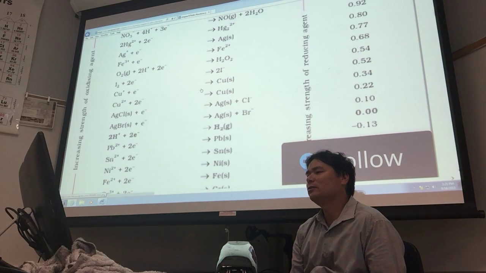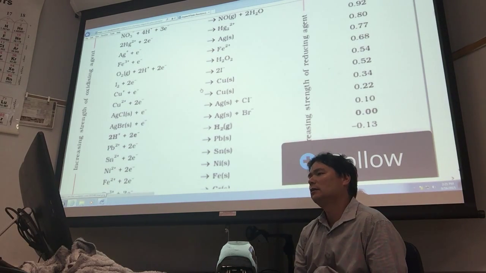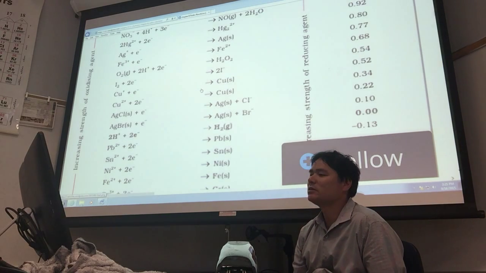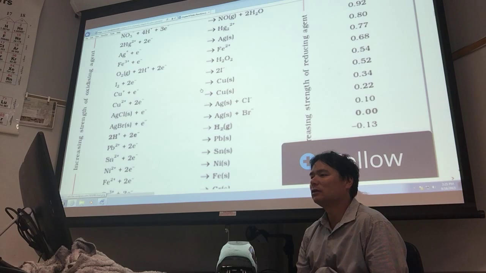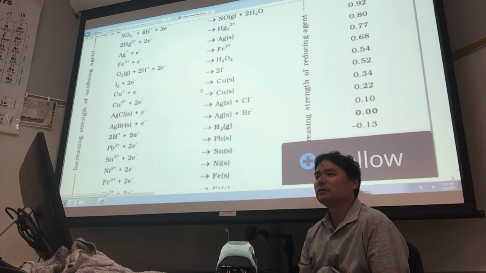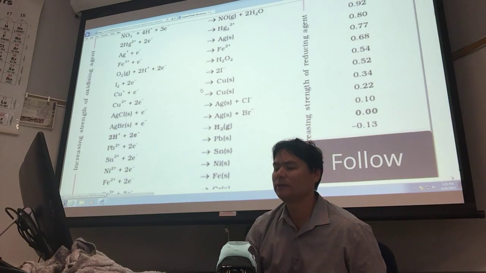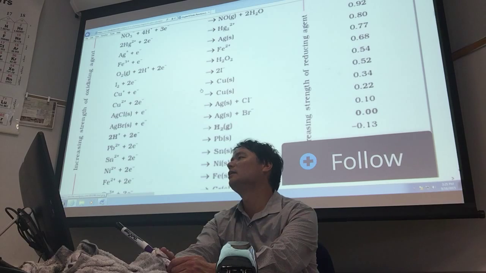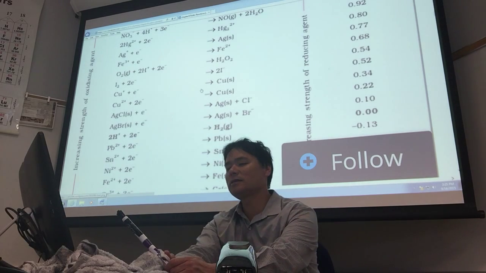Is silver metal with chloride more reactive or less reactive than silver alone? More reactive. Why would you suspect it's more reactive with chloride than with silver alone? Can you repeat that? Sorry. It's closer to what? It's closer to lithium, yes.